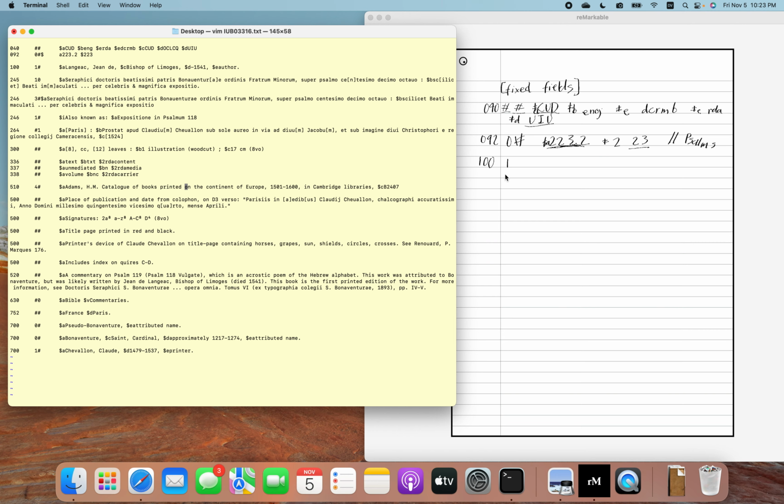Next thing that we need, and look at left, it's right there, the 245. This is the title. We're going to come back to this because there's an entire discipline of just how you transcribe the title for rare books, and that is very detailed.